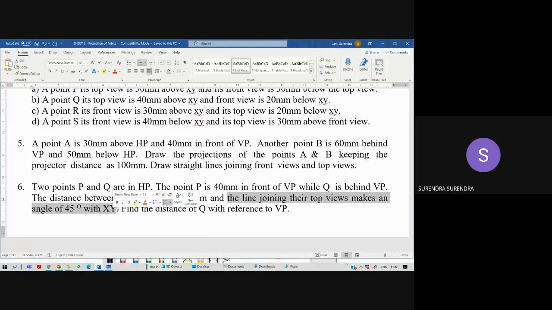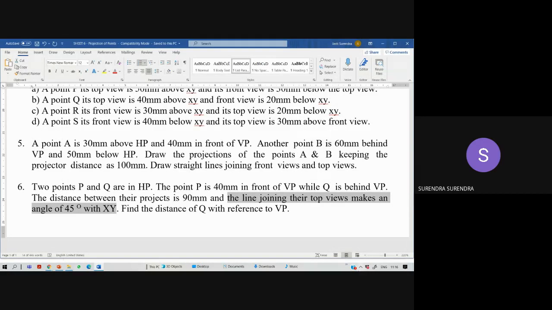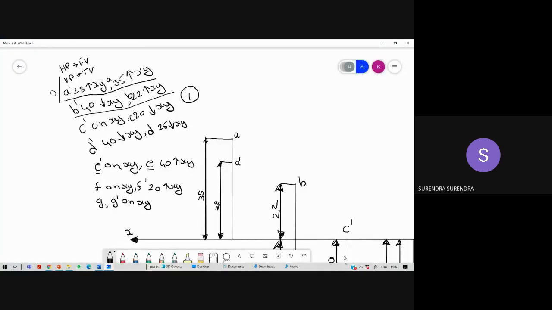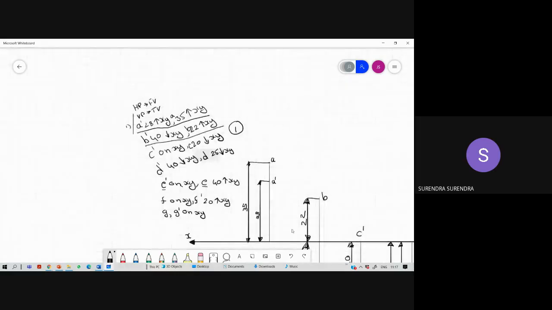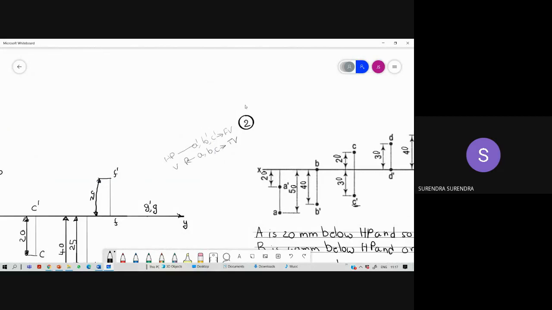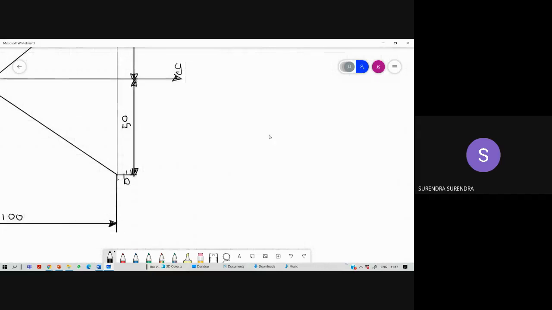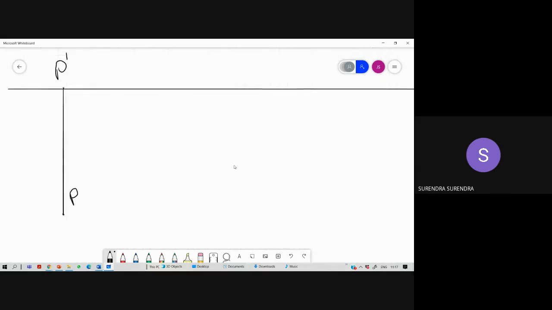The line joining the top views means the line joining P and Q, and it makes an angle of 45 degrees with the XY line.